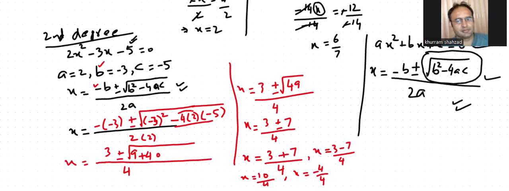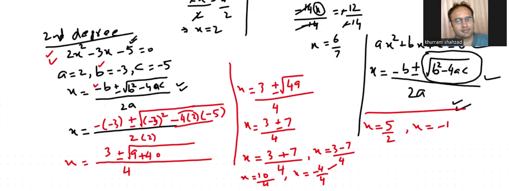You can also simplify these if you want, like x is equal to 10 by 4 can be written as 5 by 2. You can also use the decimal sign here. And x is equal to -4 divided by 4, which is -1. So these are the zeros for the polynomial function, or the solutions of this equation.